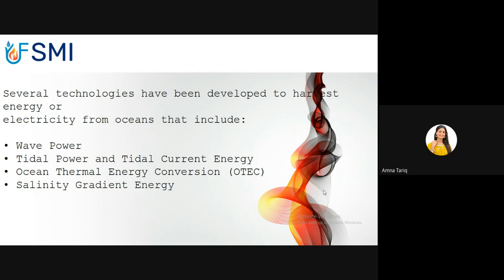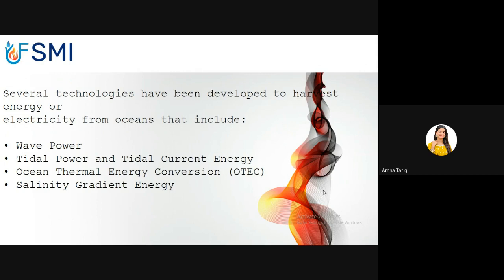These devices come in various designs, including point absorbers and water columns, and the captured wave energy is converted into mechanical energy. The rotational motion is then used to drive generators, which convert mechanical energy into electrical energy. The generated electricity is transmitted through underwater cables to the onshore power grid for distribution.